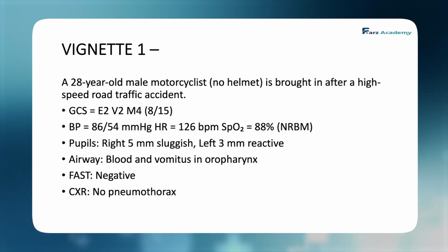So you want to intubate and secure the airway, then breathing, then circulation. In the EDIC exam, always start with A, B, C, D. Okay, so now the next question.